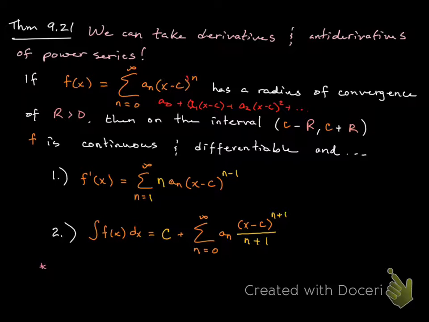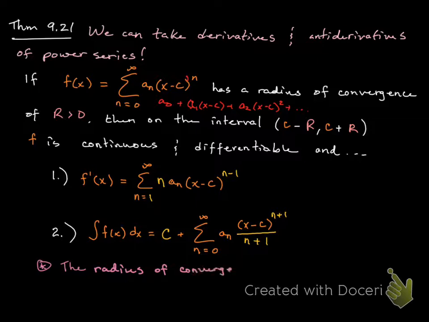I'm dealing with infinite polynomials here, right? So each term has a really simple derivative and antiderivative. We can generalize that with these two bullets here, with number 1 and number 2. An important thing to note is that the radius of convergence does not change.